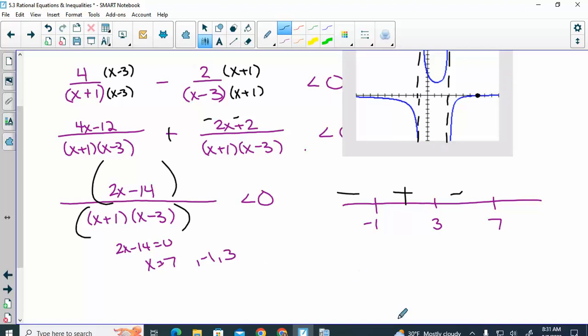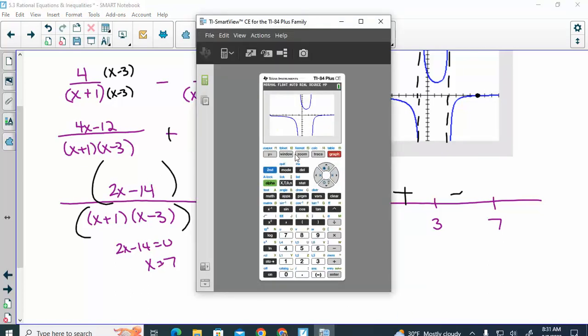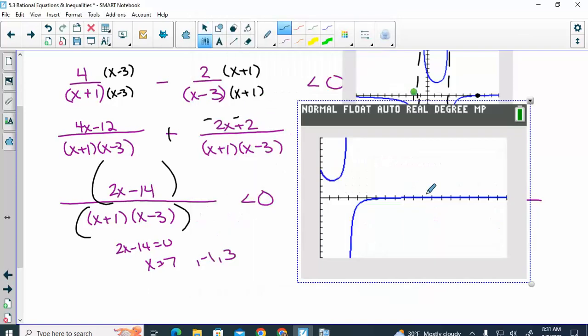It's kind of hard to tell what happens after 7. If we needed to adjust this, we could. It's a horizontal asymptote, but it did switch. It did go from the negative and it crossed over and it's just barely positive. It's an asymptote, so it's not very positive.